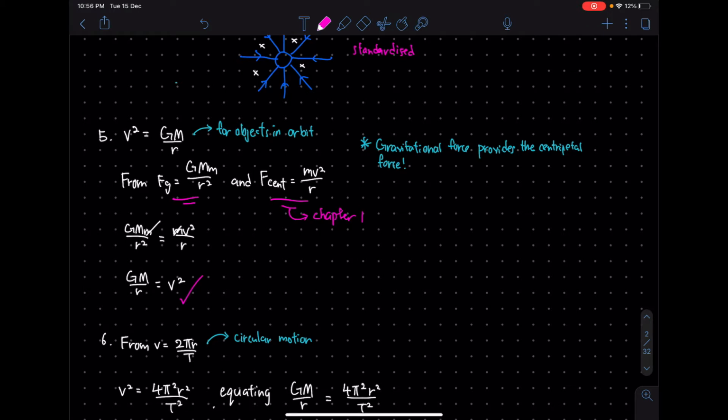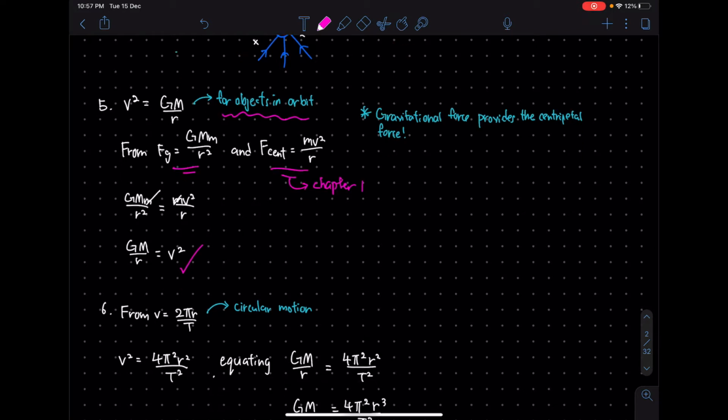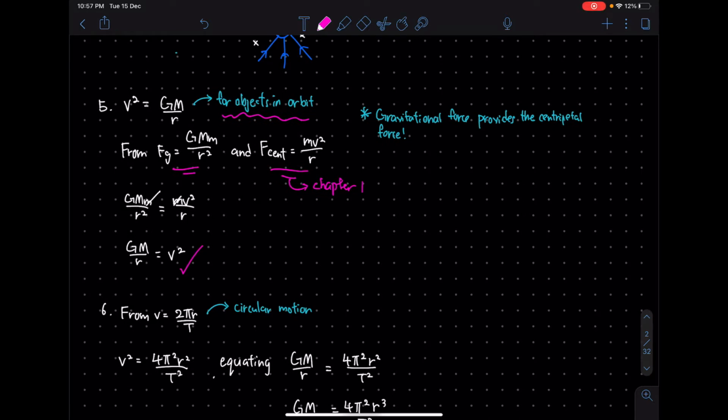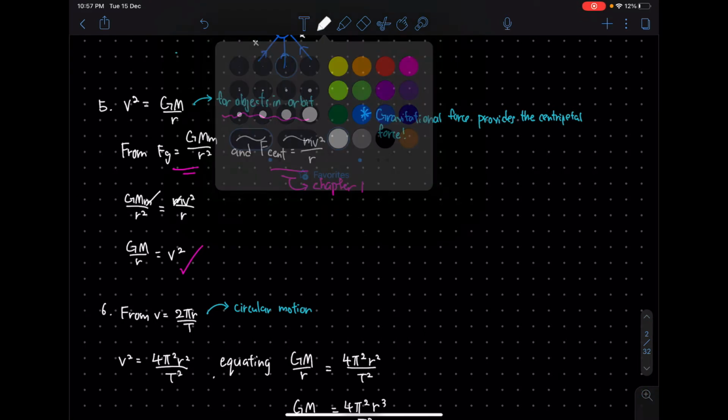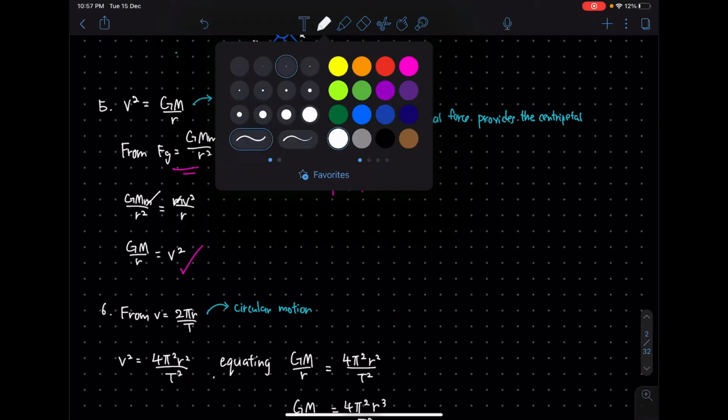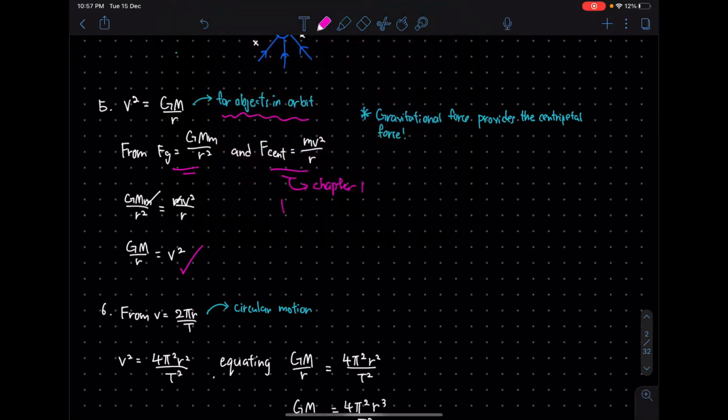To be clear, this equation should only be used for objects that are in orbit, as I've written here. That's because we are equating the gravitational force and the centripetal force. Now, remember that centripetal force is a pseudo force, which means that it is not its own force.